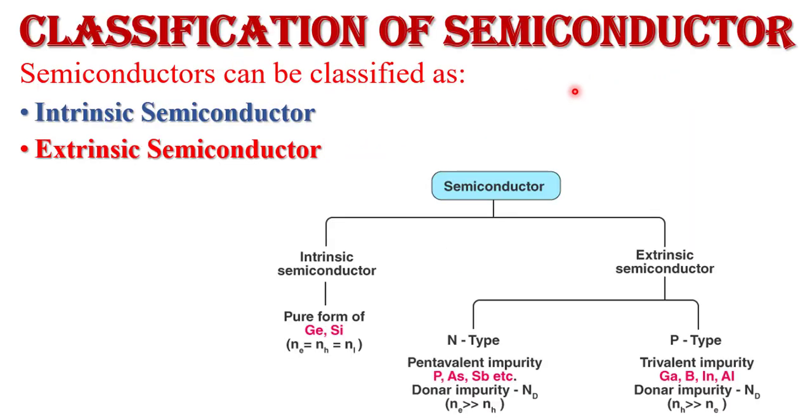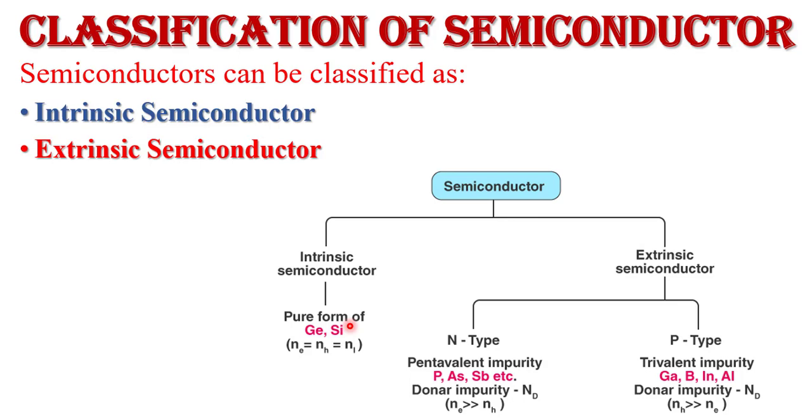Now classification of semiconductor. There are two types of semiconductor, intrinsic semiconductor and extrinsic semiconductor. Intrinsic semiconductor is the purest form of semiconductor.